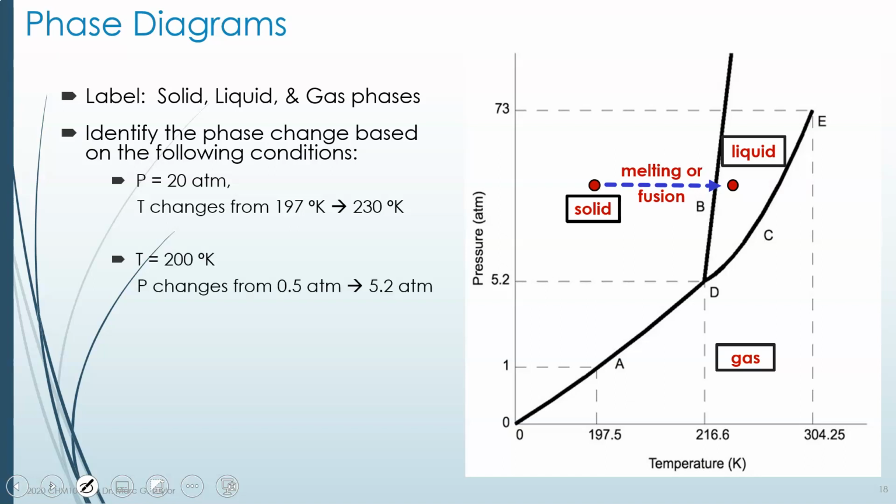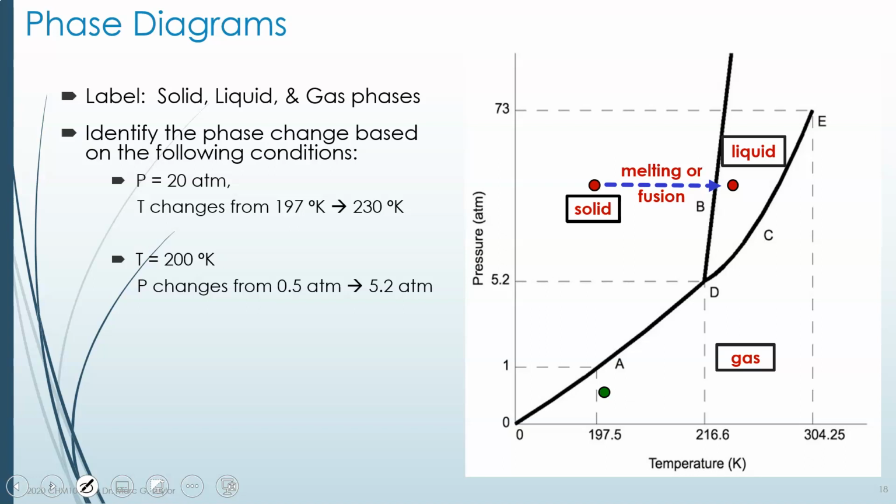We can also look at a transition that's moving from one pressure to another. So let's say we started at 200 degrees Kelvin, so roughly the same temperature that we were at before, and we're going to start from 0.5 atmospheres of pressure. So this is half the pressure of our normal atmosphere. So that would put us at about this point here, about half an atmosphere of pressure, and at 200 degrees Kelvin.